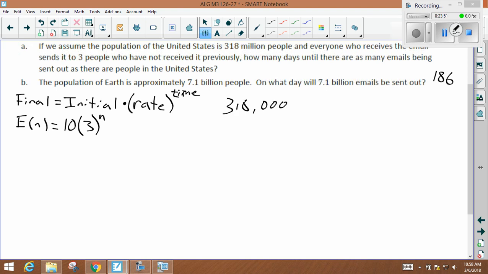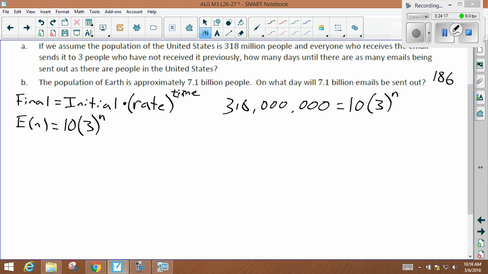318 million is going to be equal to, right, that's our final. We want to know that final. We start with 10 people. Each person sends it to 3 people per day. We've got to solve for it. First thing I want to do is divide both sides by 10.